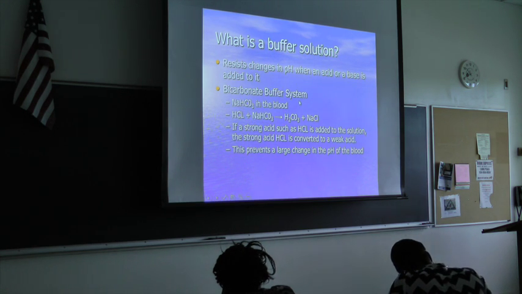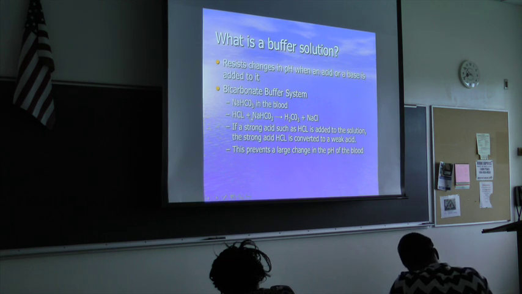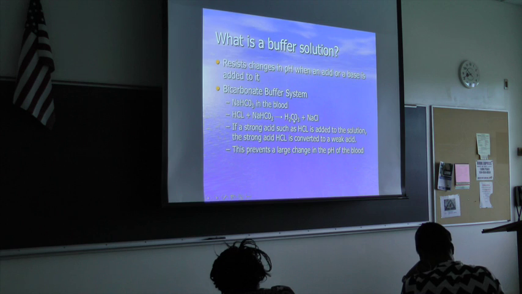So what's nice about having sodium bicarbonate in the blood is it can take strong acids and convert them into weak acids. So here it shows hydrochloric acid being added to the blood. No, that doesn't happen. So this is just theory. So you add hydrochloric acid to the blood, but sodium bicarbonate will combine with the hydrogen ions and form the weak carbonic acid and sodium chloride, which is salt.